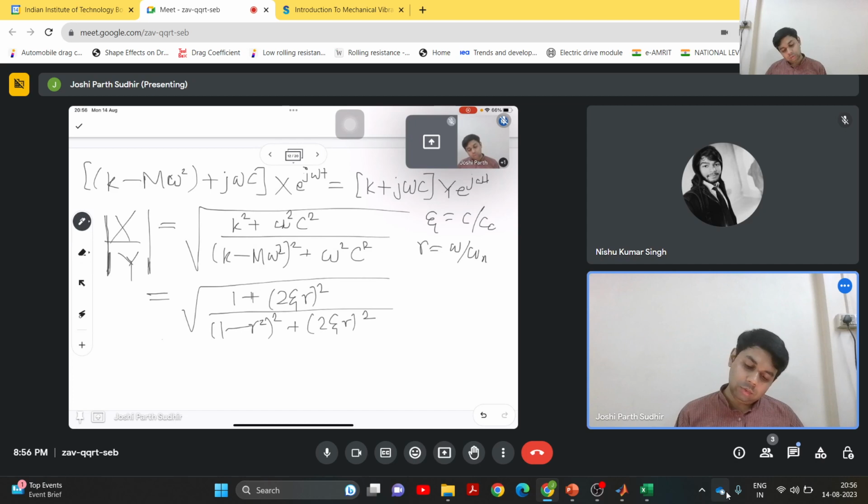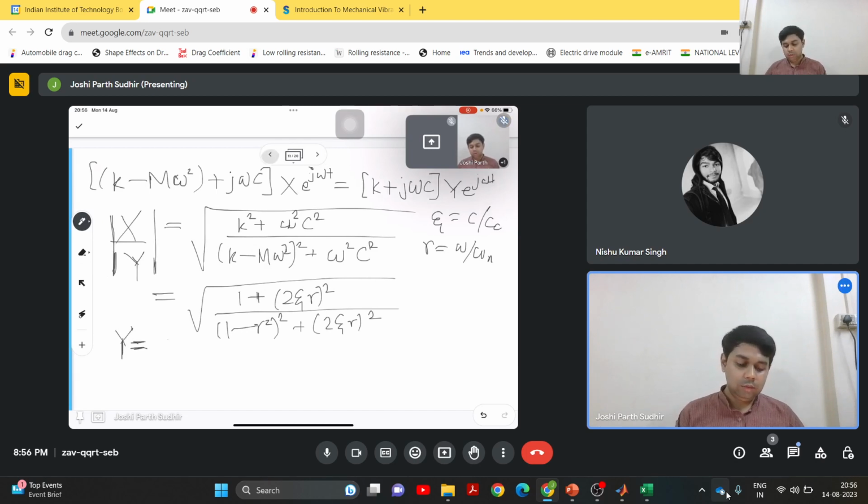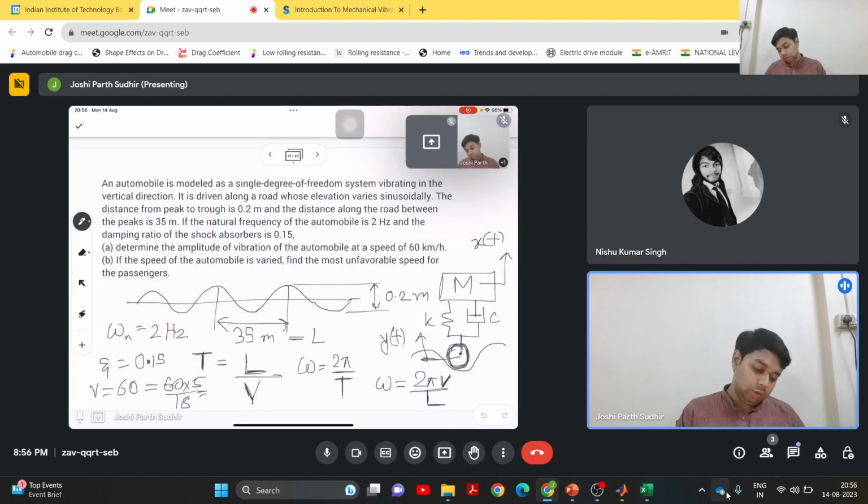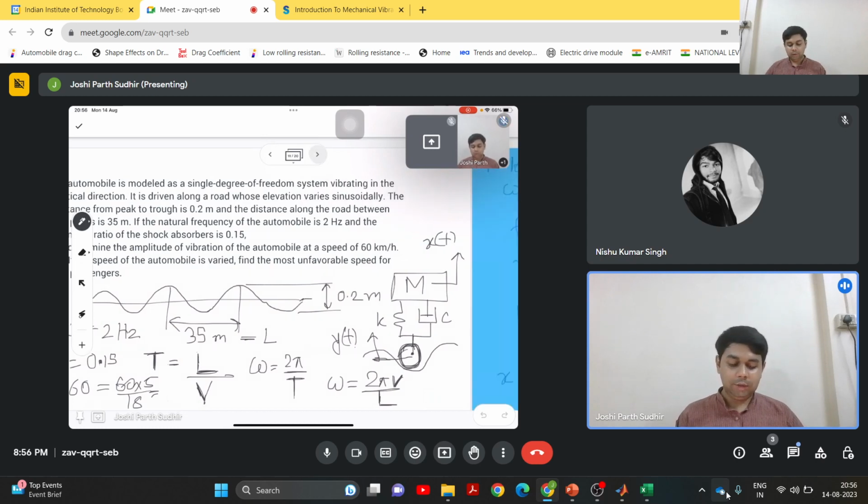So we know that the amplitude between peaks is 0.2 meter, as it was given in the problem. So this 0.2 meter is basically twice the amplitude of excitation.